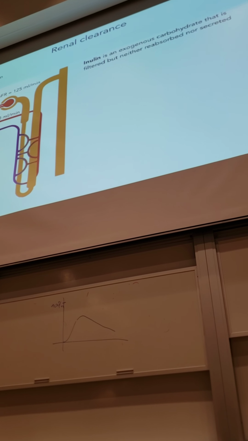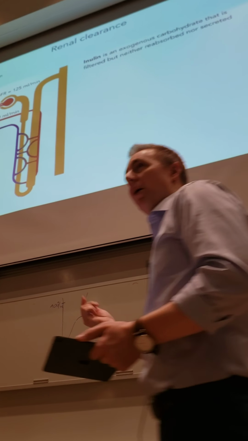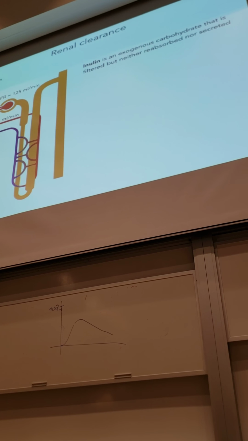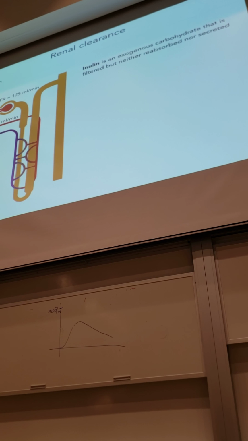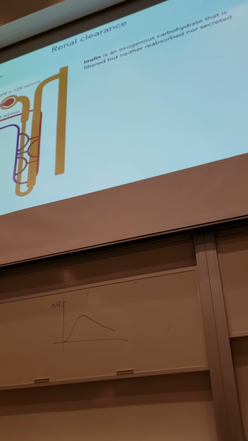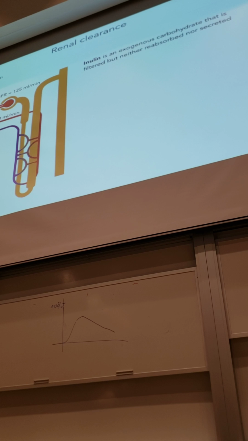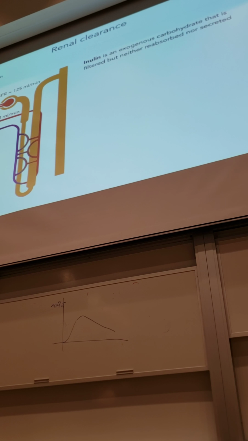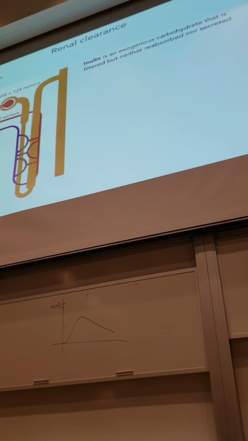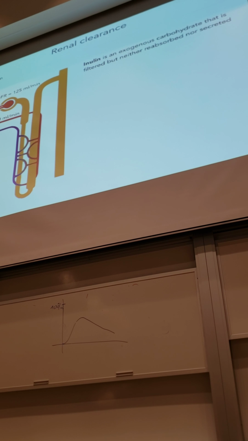So it's going to work through the kidneys, and it has these properties that we talked about. We filter it, right? No problem. Whatever concentration the inulin is in the blood, that same concentration will end up in the tubular fluid. Okay, and then because it's not reabsorbed or secreted, we don't have a transporter for it, it's going to work its way through the tubule and then be excreted.